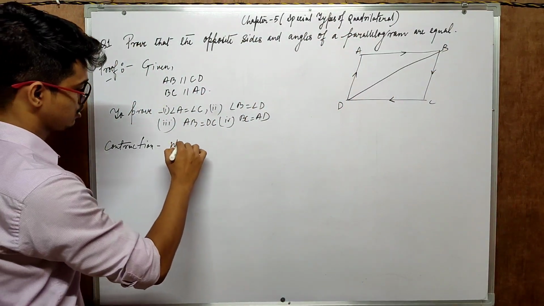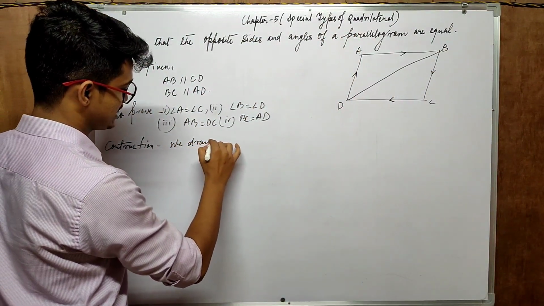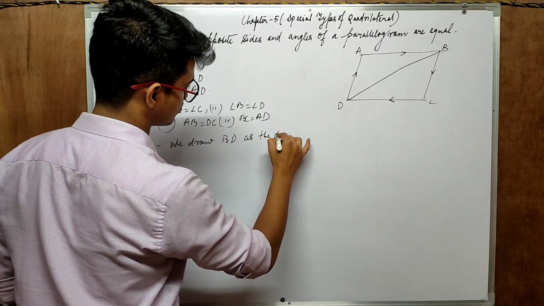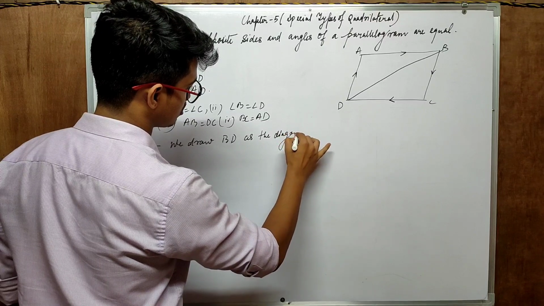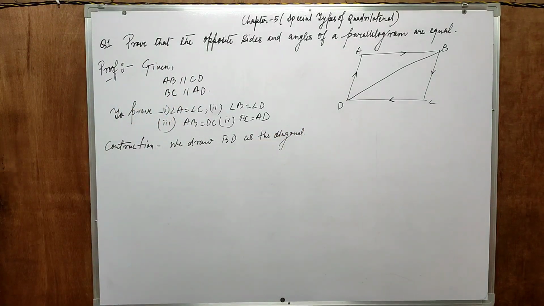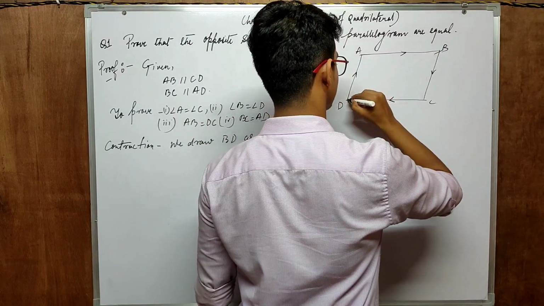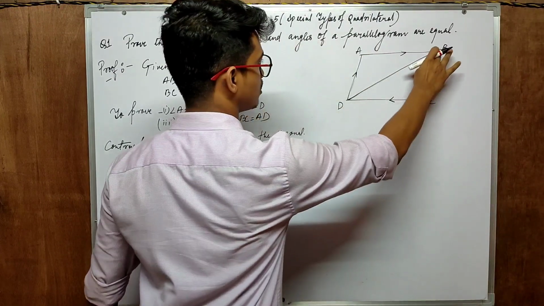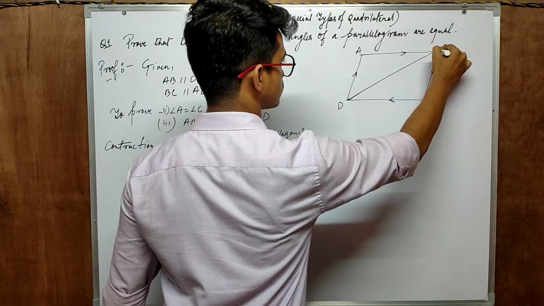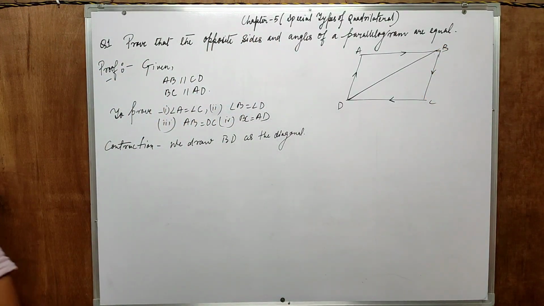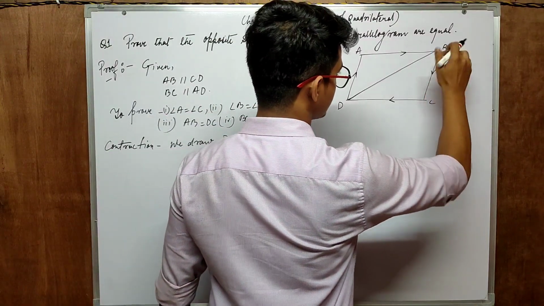We draw BD as the diagonal. All right, fine. So now see, when we draw BD, let me draw one more time. All right, so BD is our diagonal, let's say.